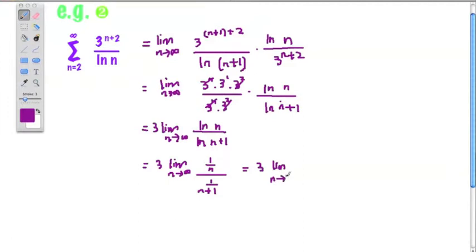And then we continue: 1 over n times n plus 1 over 1. So we will get 3 times the limit as n goes to infinity of n plus 1 over n.